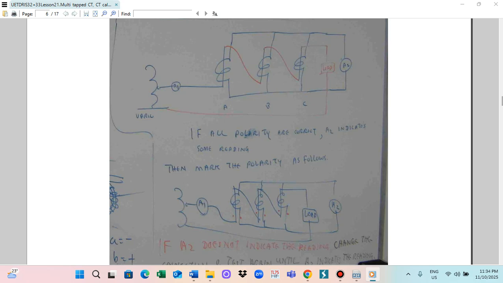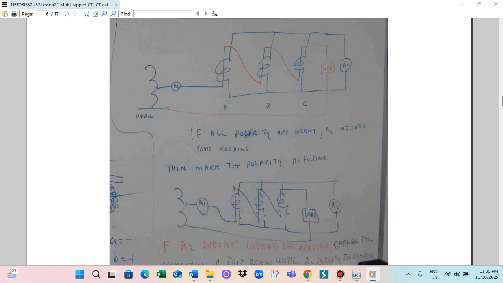This one is the primary line here, and we connect it like this. In this case, we have to know the polarity. Polarity means there is a dot like this. Dot means the current entry point. The current entry points are here: this is a dot, this is a dot, and this is a dot. So if the ammeter indicates a reading, you can note the polarity like this, where dots mean the current entry point.